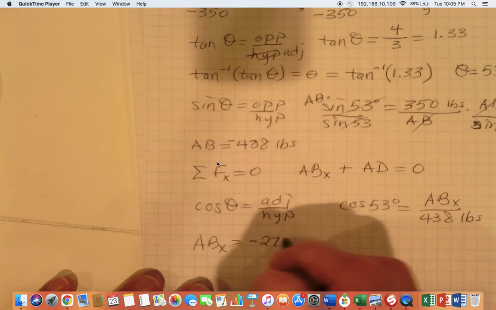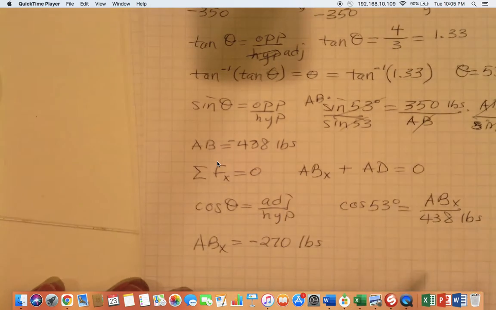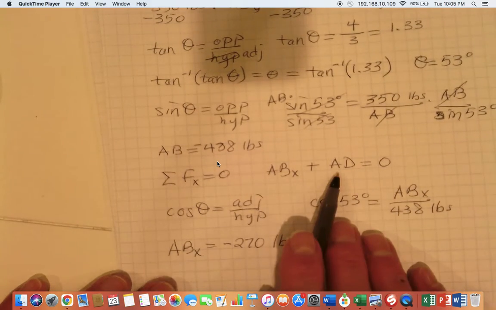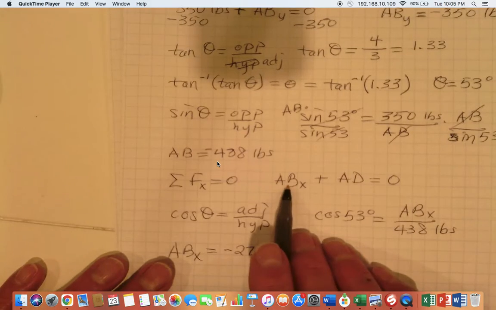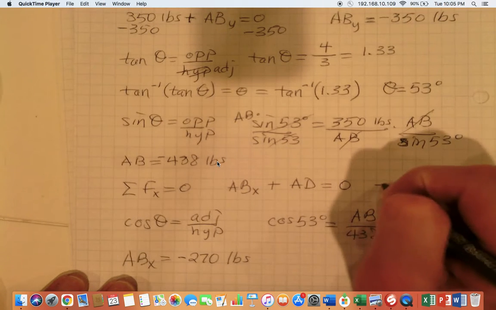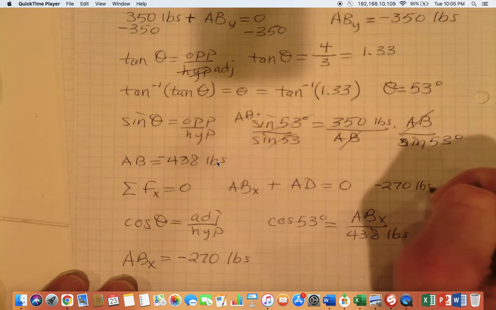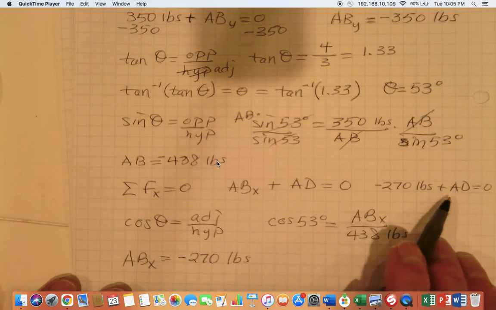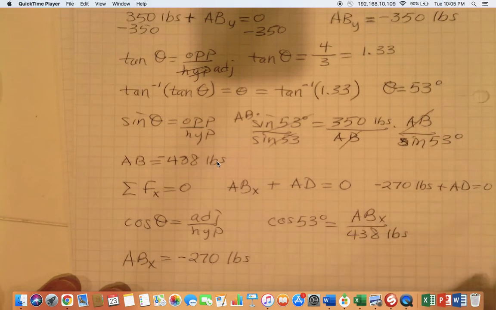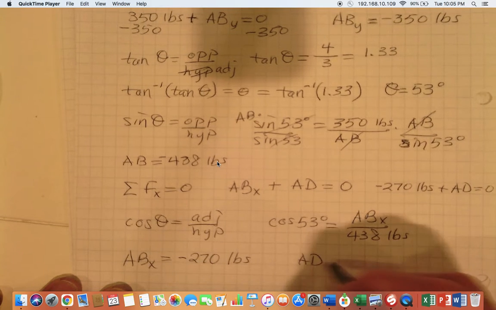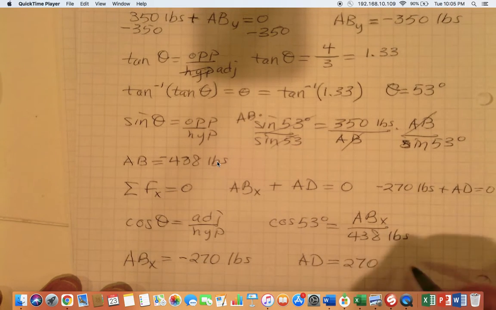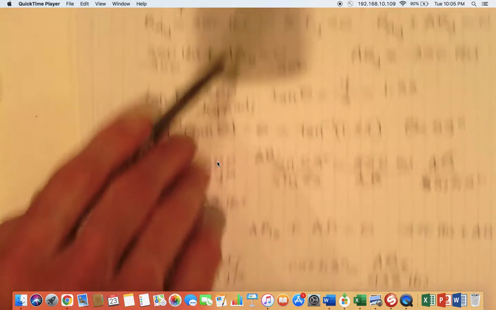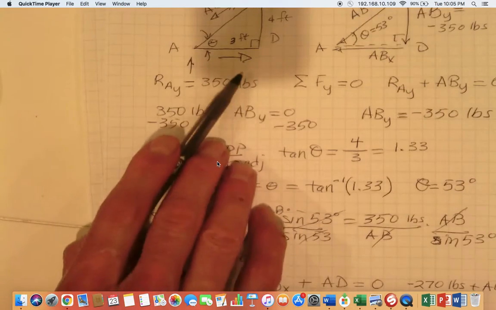And that's a negative 270 pounds. Okay, so now if we were to solve for the force in member AD, if this is negative 270, AD, to solve this algebraically, you would add 270 to both sides, and the force in member AD is 270 pounds. Again, in tension, pulling in that direction.